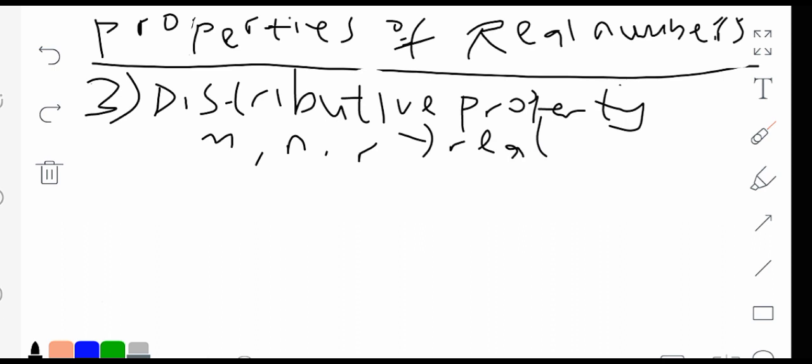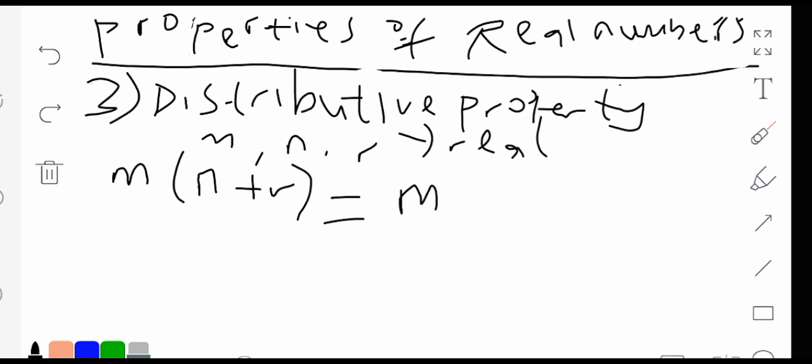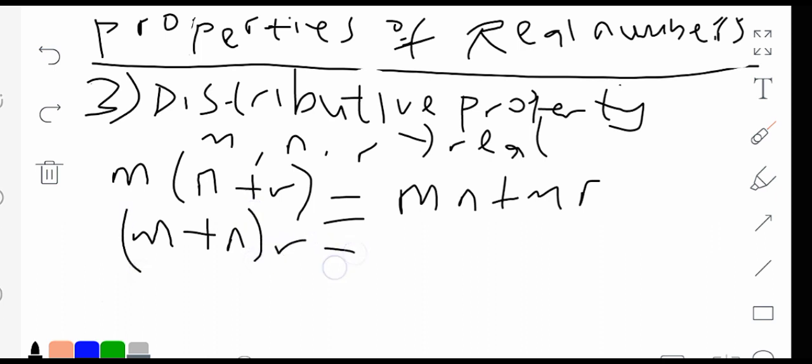So the distributive law is saying that m(n + r) is going to give us mn + mr, and also (m + n)r is going to give us mr + nr. So these are almost the same thing.